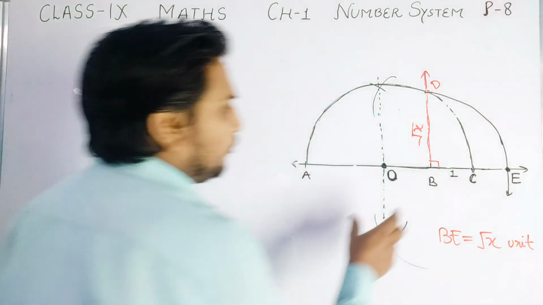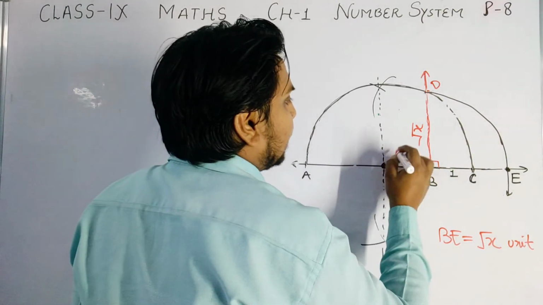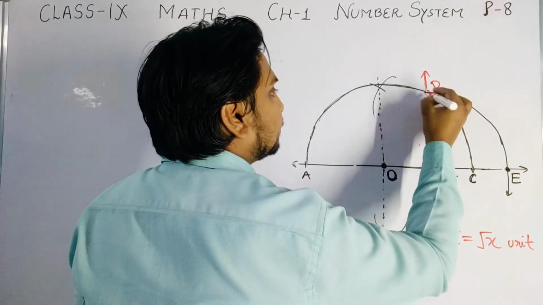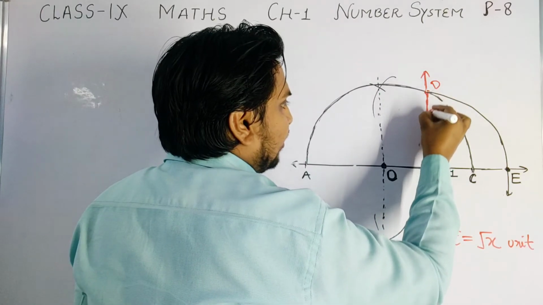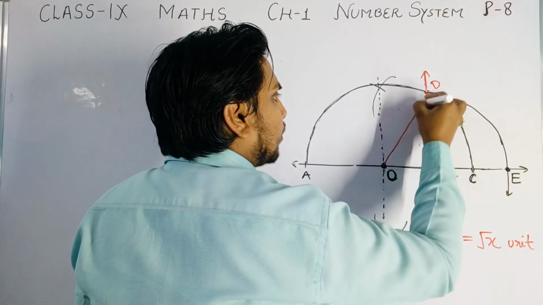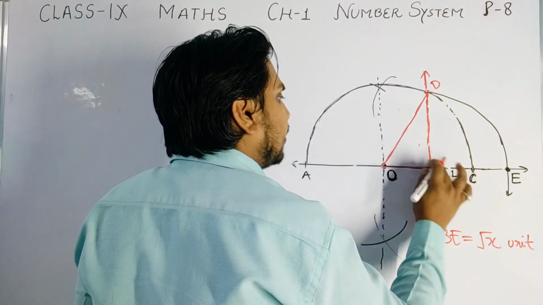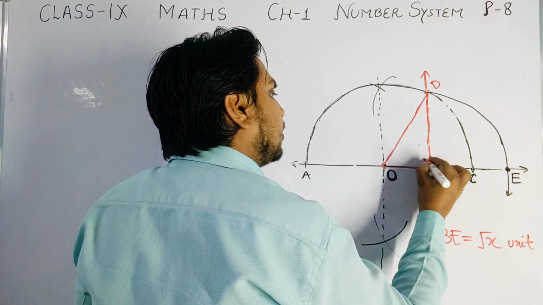See students, in the figure, if we make a right angle triangle, we have to join this OD, and this is your 90 degree.